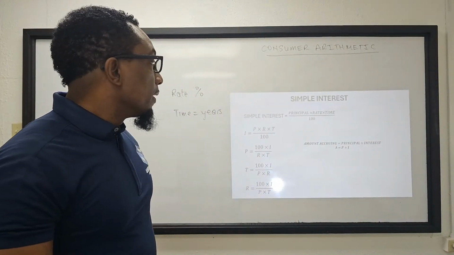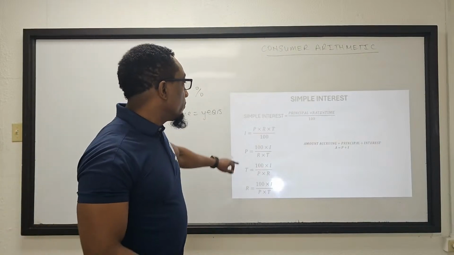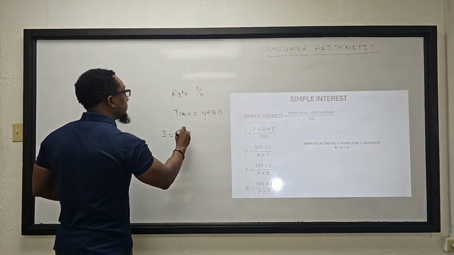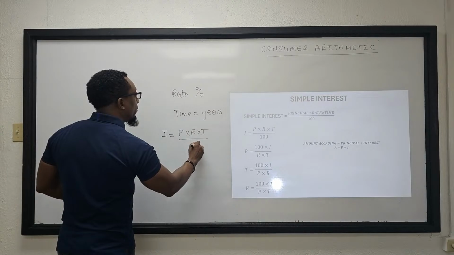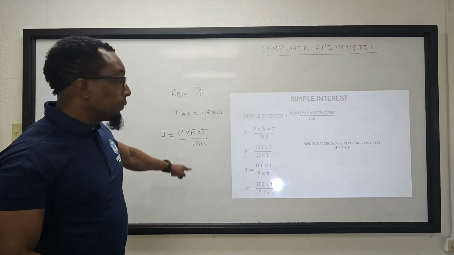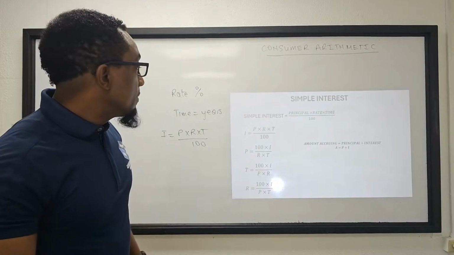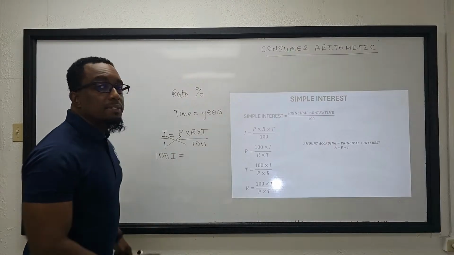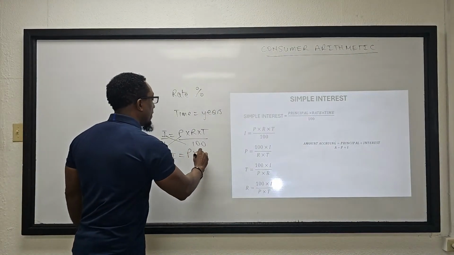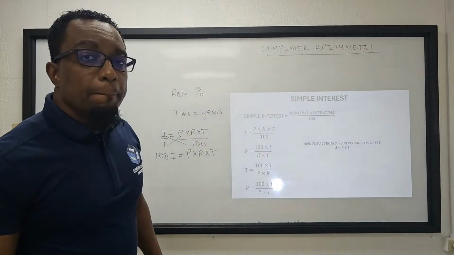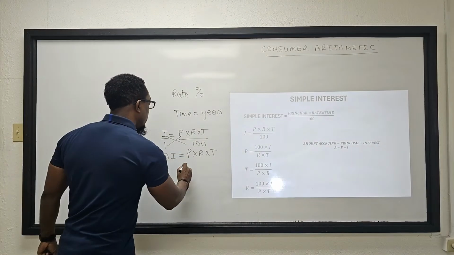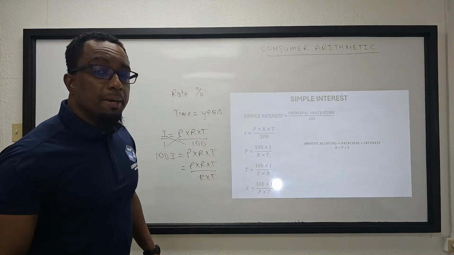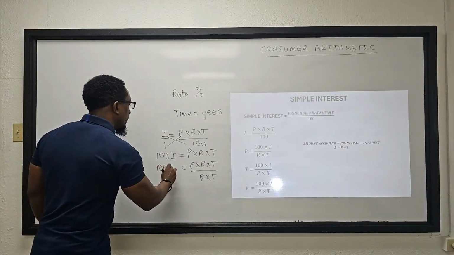Now, we can be asked to determine the principal. If interest is equal to principal by rate by time over 100, then we can make the principal the subject by cross multiplying. So I get 100 times I is equal to P by R by T, and therefore we can make P the subject by removing R and T. I'm going to divide both sides by rate times time, because what I do to one side I must do to the other.